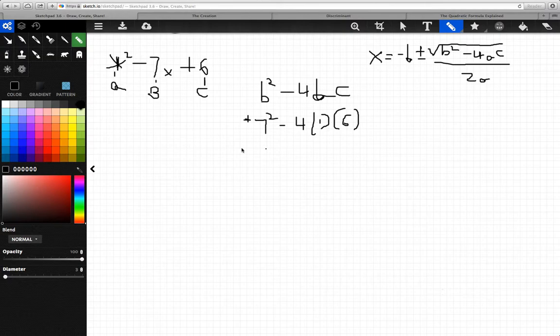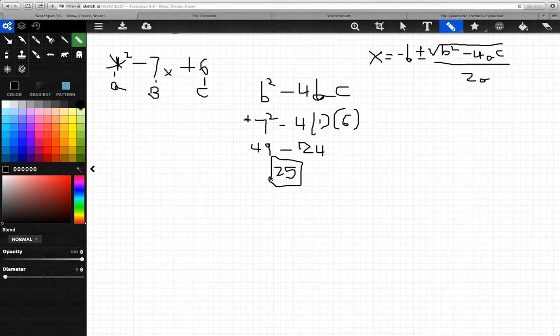Okay, so if we go ahead and solve for the discriminant, we're going to get 49 minus, I think 24. Yeah, okay, 49 minus 24, and that's going to give you 25.